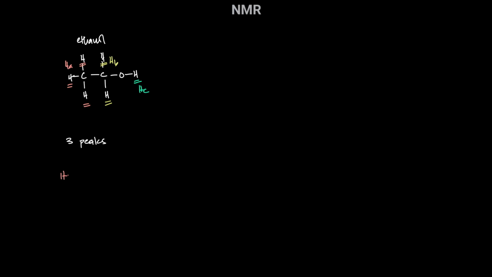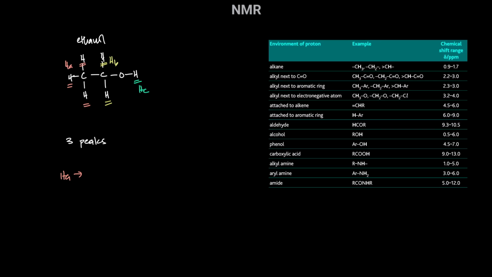Now HA will shift in the range 0.9 to 1.7 parts per million, right, because it's just an alkane proton, the CH3. The relative area for the peak will be 3 because there's 3 protons in this environment.